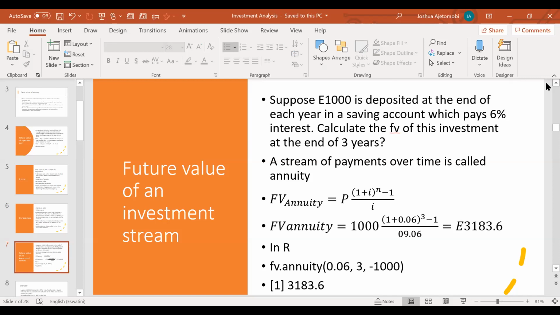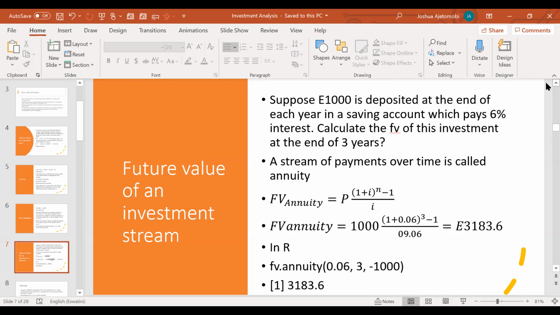It's now different because it's deposited at the end of each year, which means we are going to have streams of payments. If you deposit 1,000 emalangeni at the end of year 1, and it's going to be 3 years, it's going to work for 2 years. You understand it now?